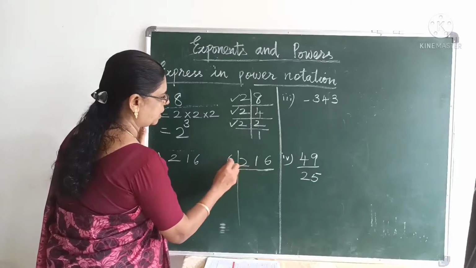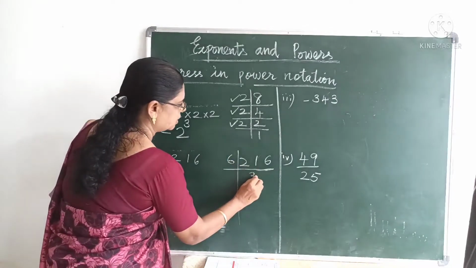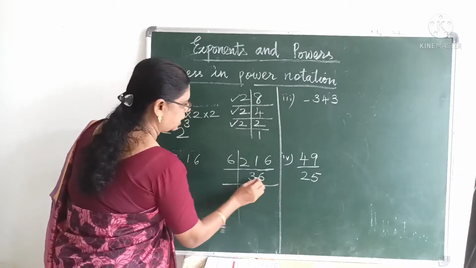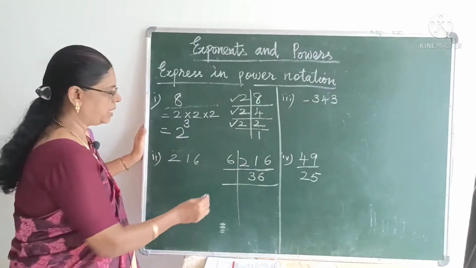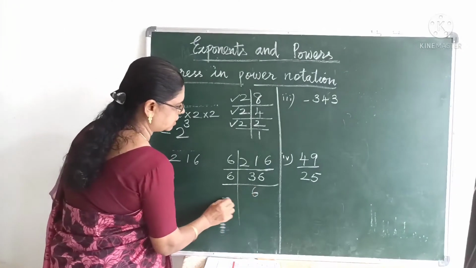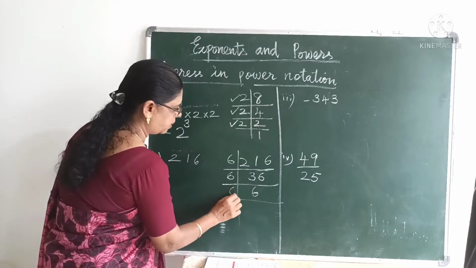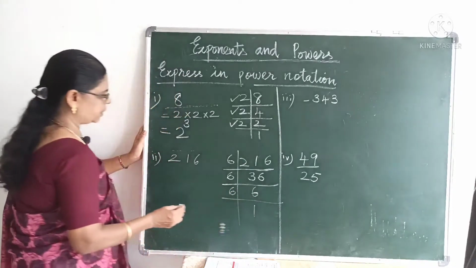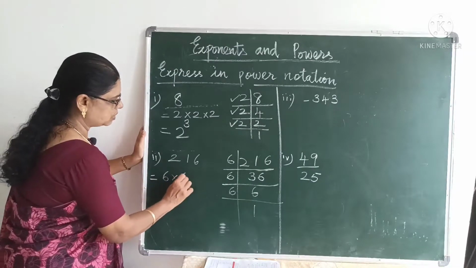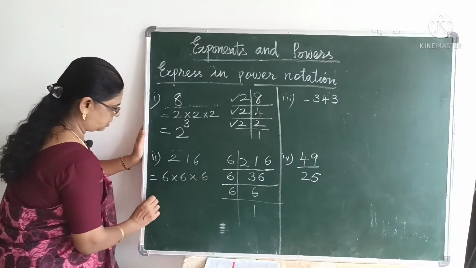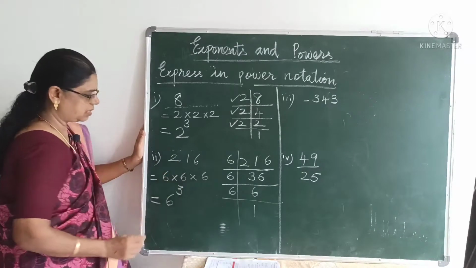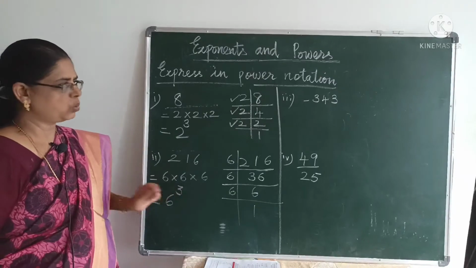So divide 216 by 6, the answer is 36, and then again 36 is divisible by 6. Divide it by 6. The answer is 6. Again divide 6 by 6. The answer will be 1. So how will you express this one? 6 into 6 into 6. Here the base is 6 and the power is 3. The answer is 6 cube.